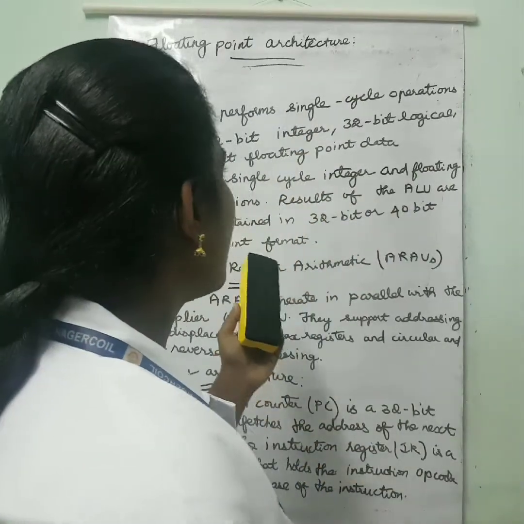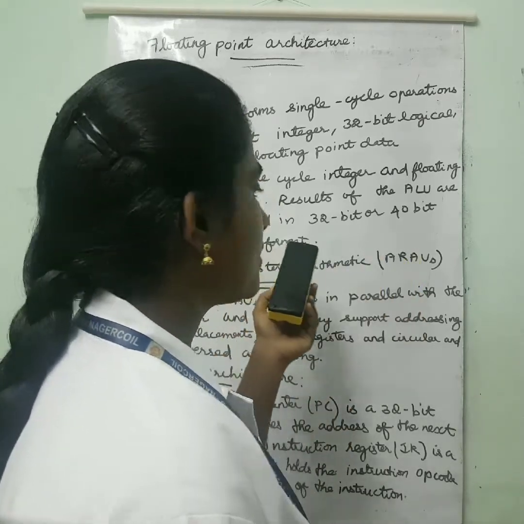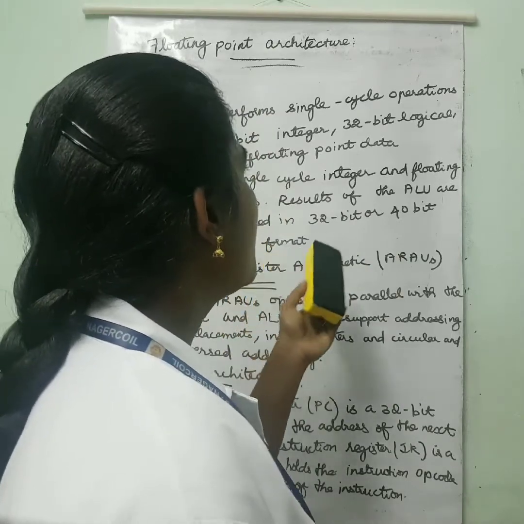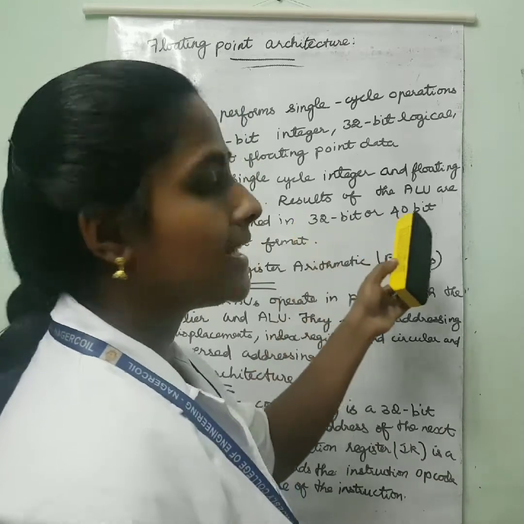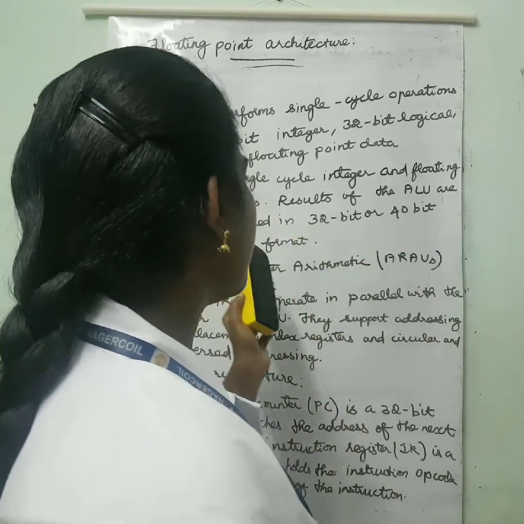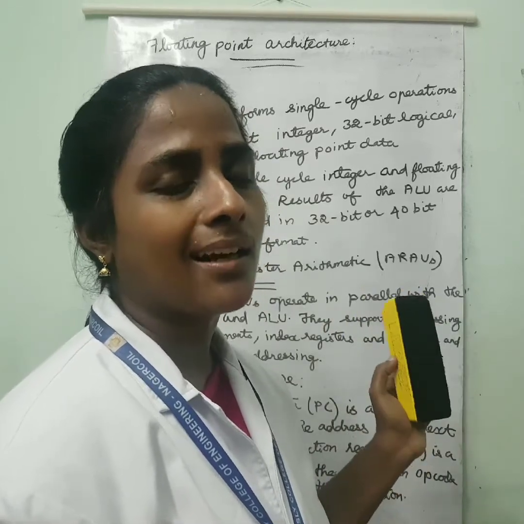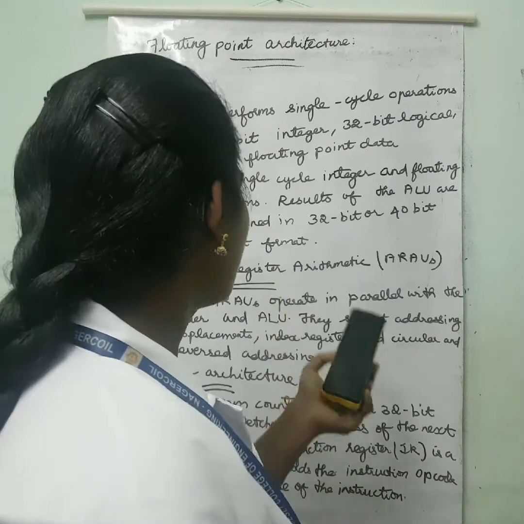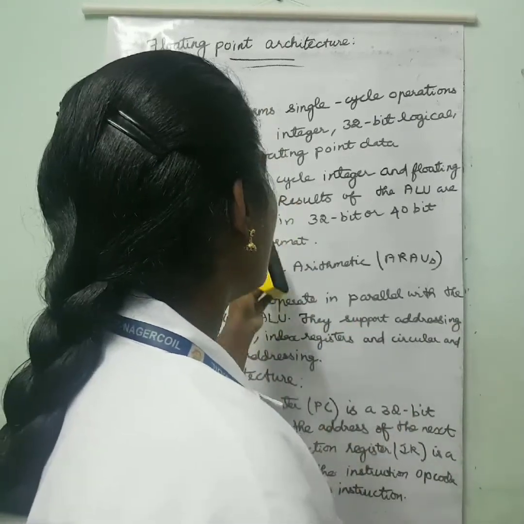This arithmetic logic unit performs single cycle operations on 32-bit integer, 32-bit logical and 40-bit floating point data, including single cycle integer and floating point conversions. The results of the arithmetic logic unit are always maintained in a 32-bit or 40-bit floating point format.